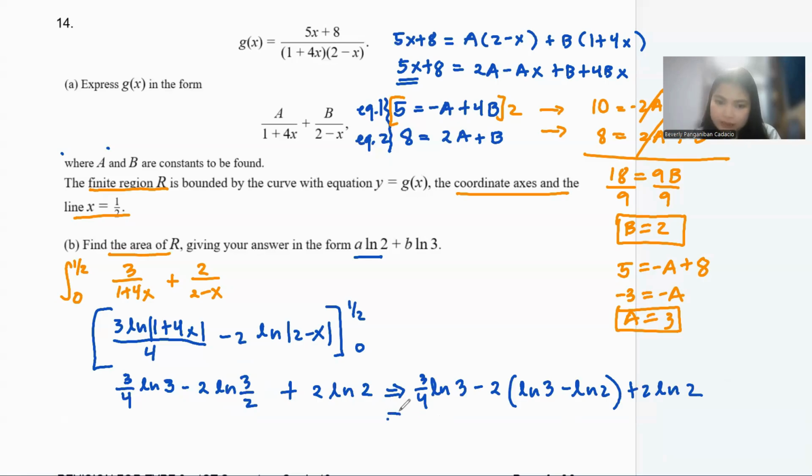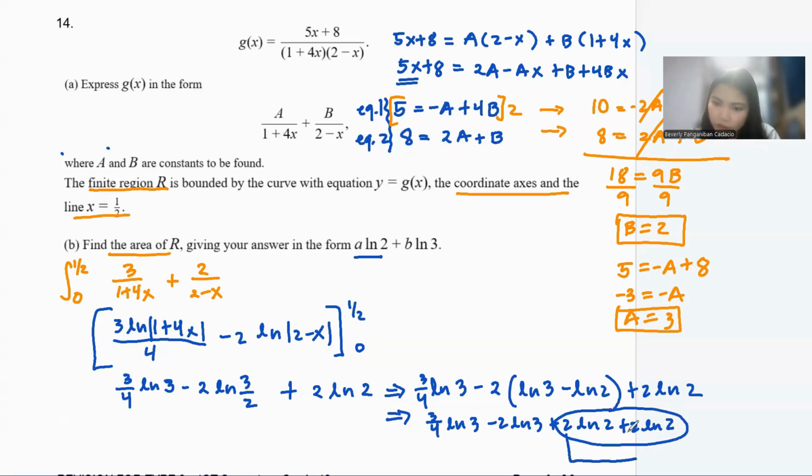Okay, let's simplify more. 3/4 ln3 minus 2 ln3 plus 2 ln2 plus 2 ln2. I need ln2, meaning to say I can just add that, and that's only 2 plus 2. So that is 4 ln2. So my A is 4.